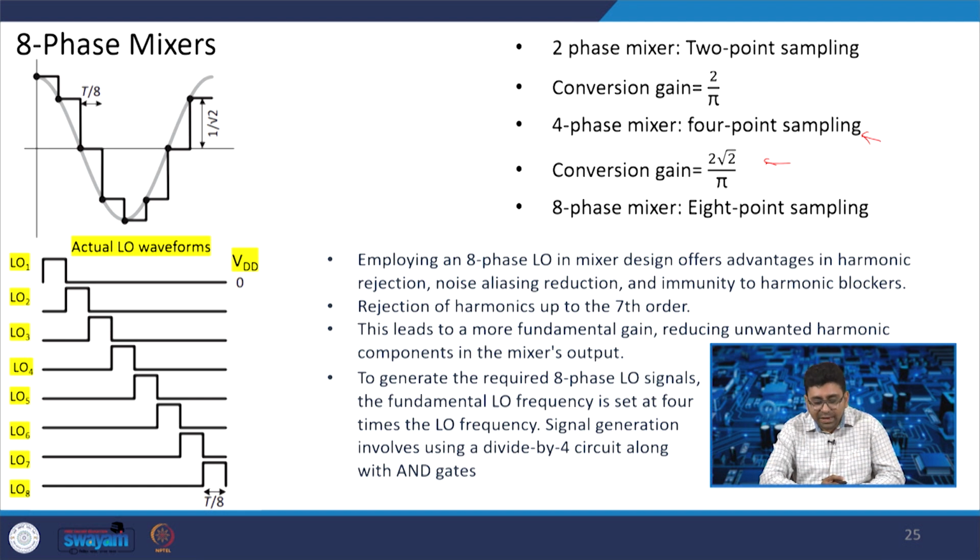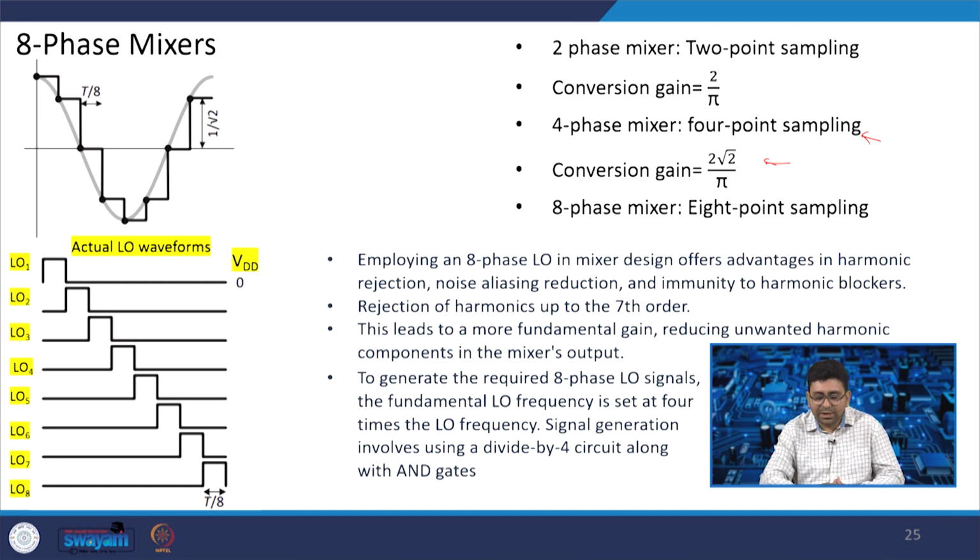So, employing an 8 phase LO in mixer design offers advantages in harmonic rejection, as I told, noise aliasing reduction, and immunity to harmonic blockers, with rejection of harmonics up to 7th order. So, this is widely used in order to block the blockers also, and this also leads to more fundamental gain and reduces the unwanted harmonic components in the mixer output.